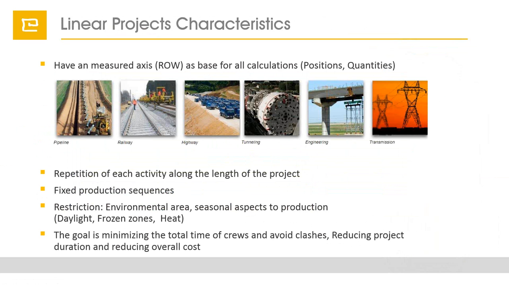We have a fixed production sequence in which we have to execute the project, and we have restrictions like daylight, frozen zones, or heat, where we cannot work in certain areas. And the goal is to minimize the total time of the crews to avoid crashes and by this reduce the project duration, meaning we can also reduce the cost.